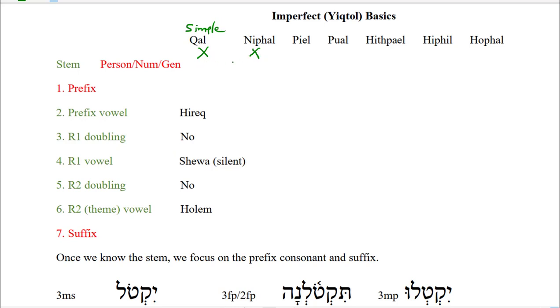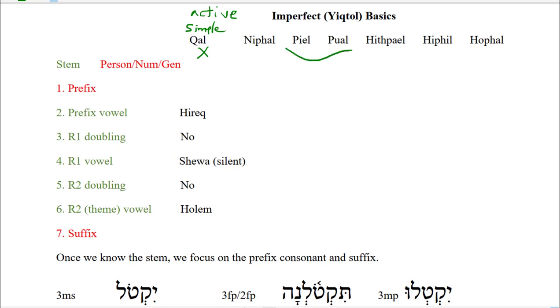If the cal would be active, the nifal would be passive. Now cal is often active. We'll call this active, although it does have a lot of examples of statives, like I am something, I am heavy, I am light. There's also some that are just by their nature passive.